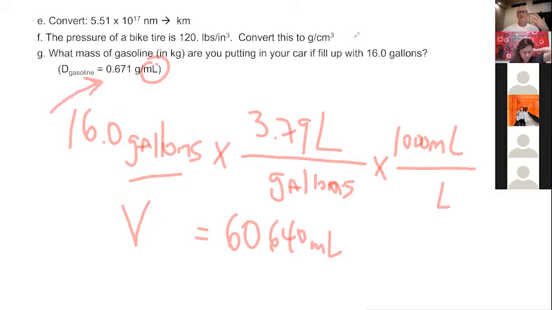Now, density is a ratio of something. We're going to be doing this experiment this week, actually, calculating density. What is it a ratio of? It's grams over milliliters.